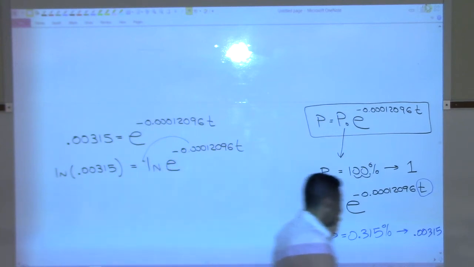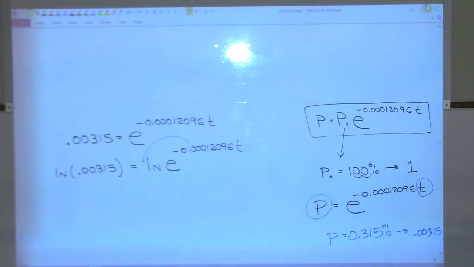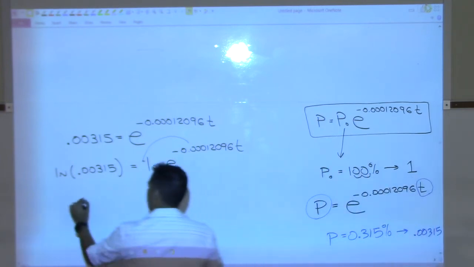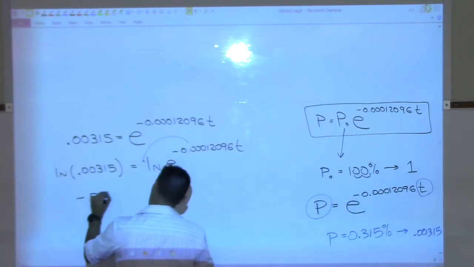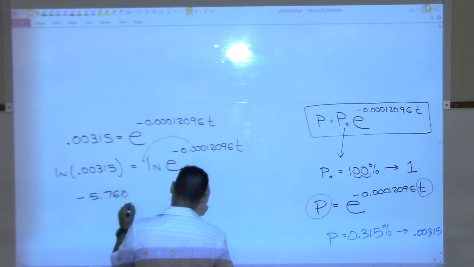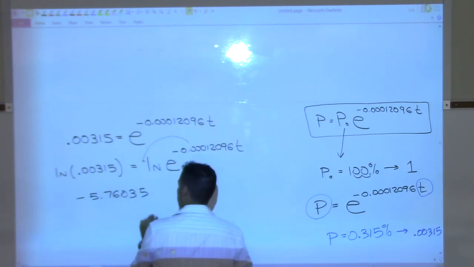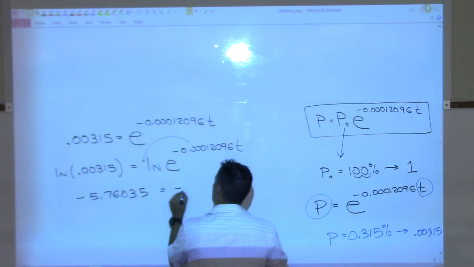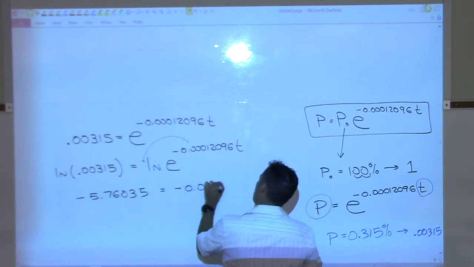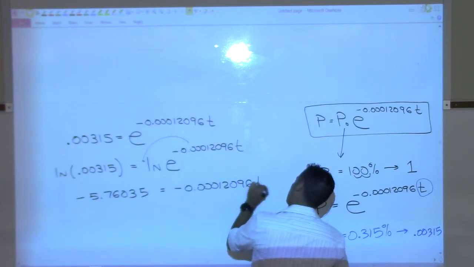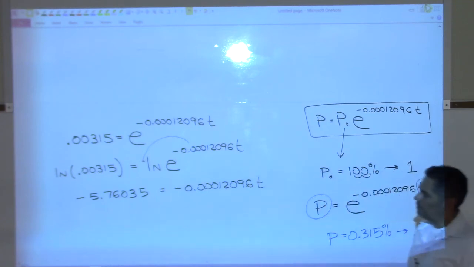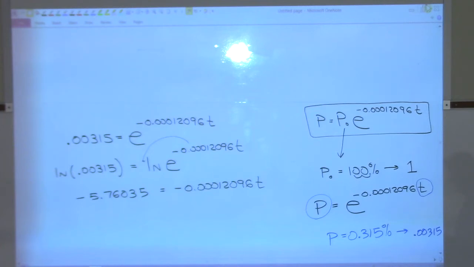On our calculators, we do the left side. You should get negative 5.76035, going to 5 or 6 decimal places, equals 0.00012096. Understand that step? And now divide both sides by what?